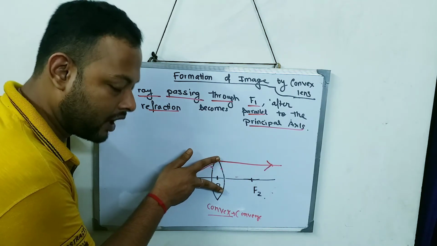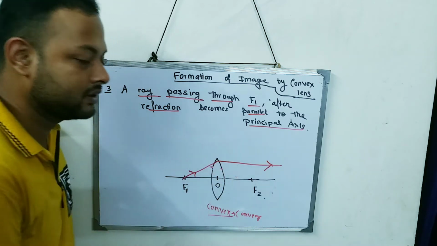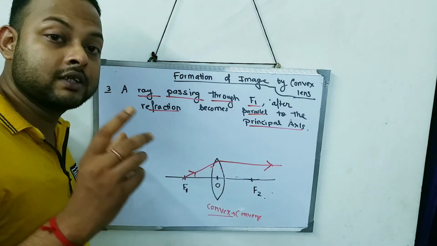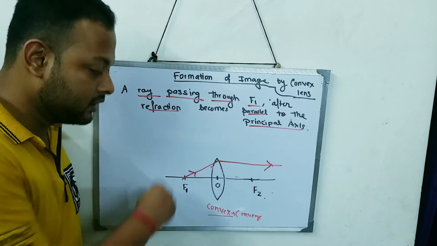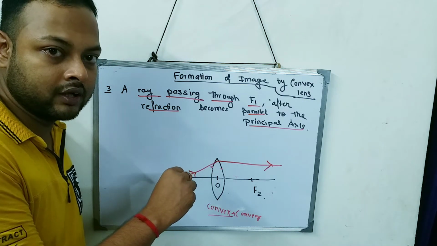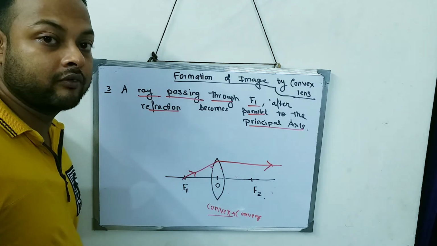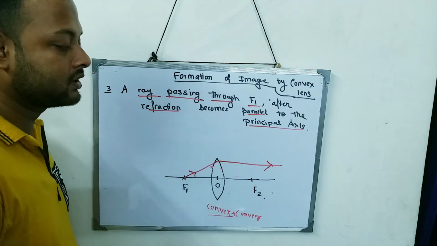After the convergence, it will become parallel to the principal axis, which I already mentioned in the second lecture. In video number 2, the last 10 minutes, I have already done this. And I also told you to see that video. The last 10 minutes of the second video are very important to understand these things.